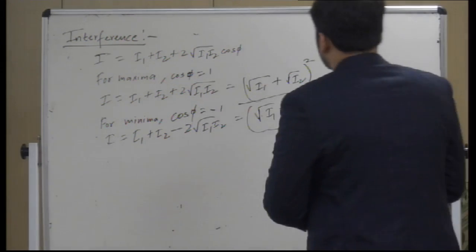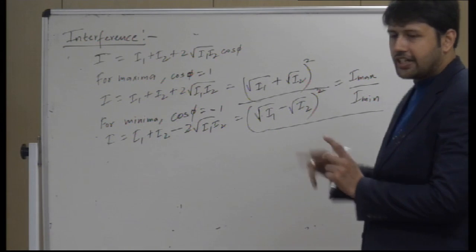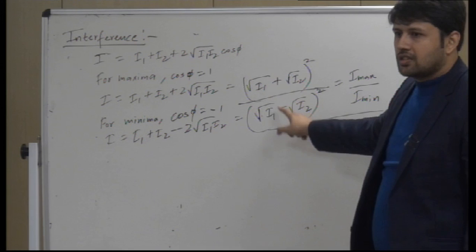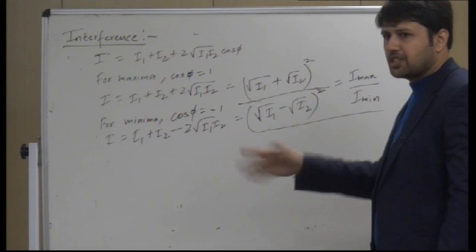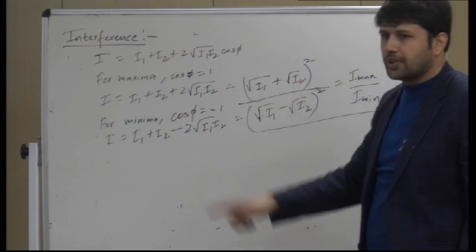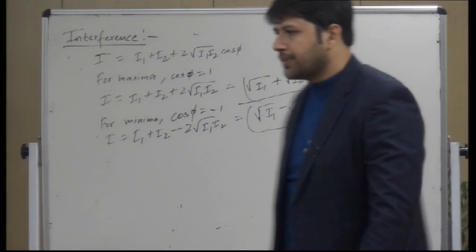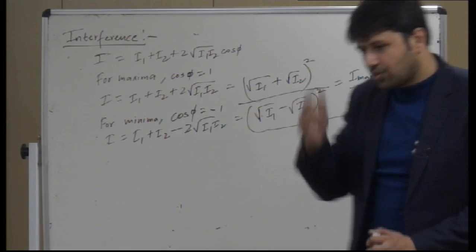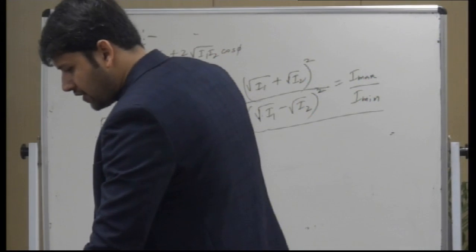Now if they are equal, the denominator becomes 0 and the ratio becomes infinite, right? The upper one would become 4I and the lower one would become 0. So let's have a few questions on this basic thing.